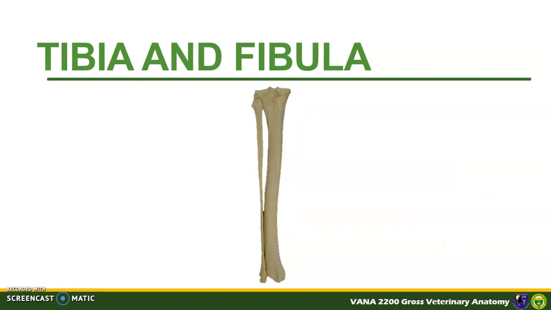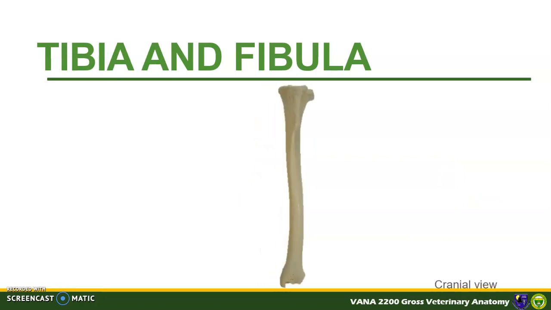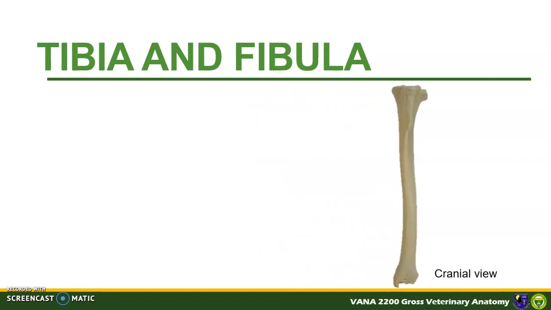The bones of the leg include the tibia and the fibula. Tibia, or the shin bone, is a long, thick bone that lies at the medial side of the leg. At the proximal end is a process called tibial tuberosity. This is where muscles and patellar ligaments are attached.